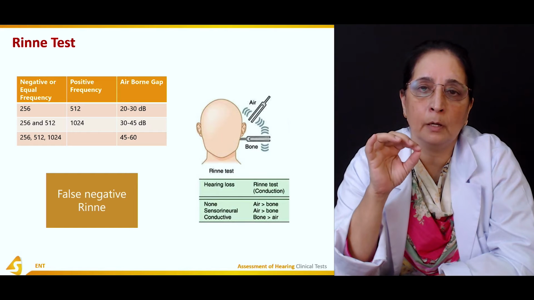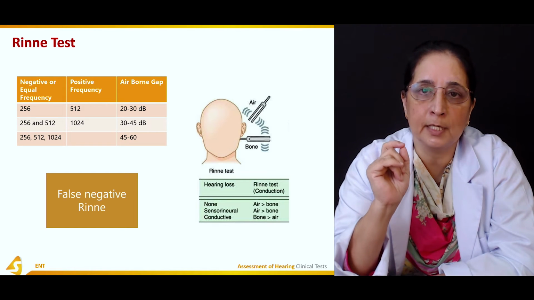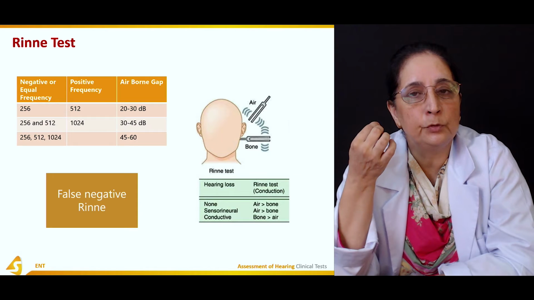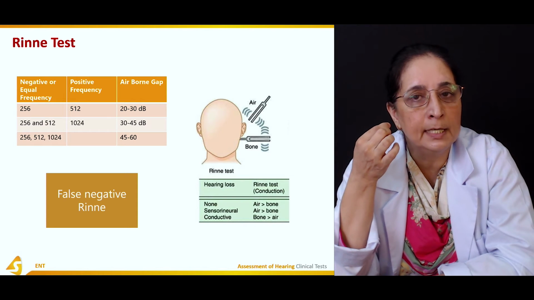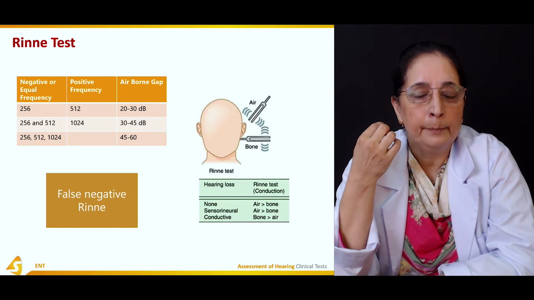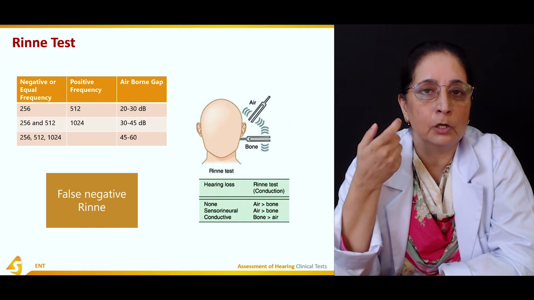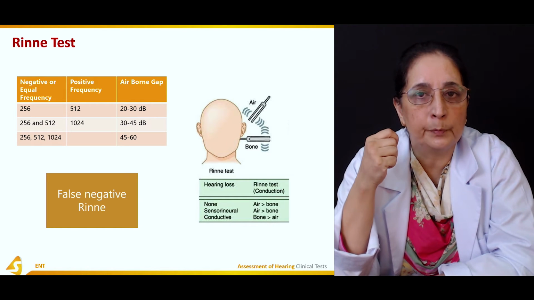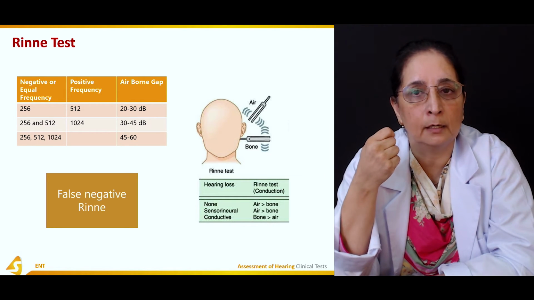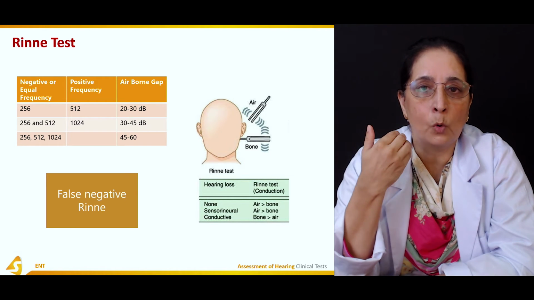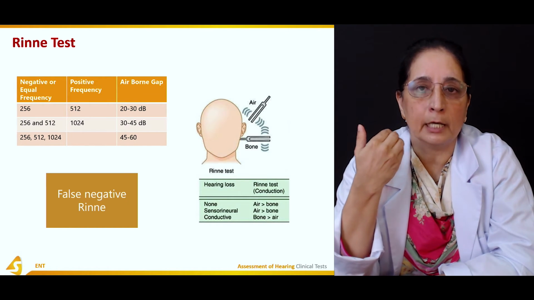Once the patient raises the finger, you put that vibrating tuning fork in front of the ear. The patient normally should be hearing the vibration of the tuning fork once you put it in front of the ear, because air conduction is more than bone conduction.